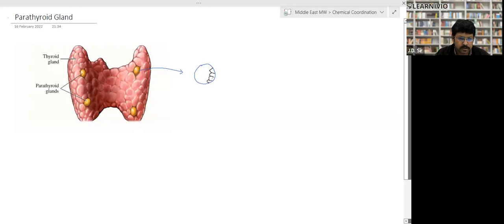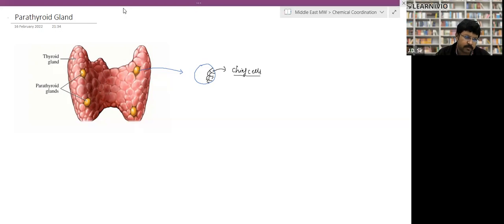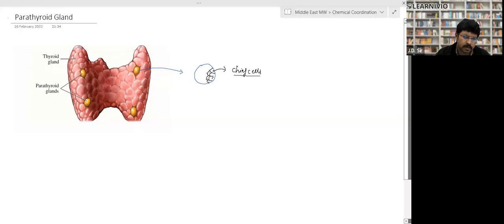These cells are called chief cells. And there is another kind of cell which has been reported, called oxyphil cells.